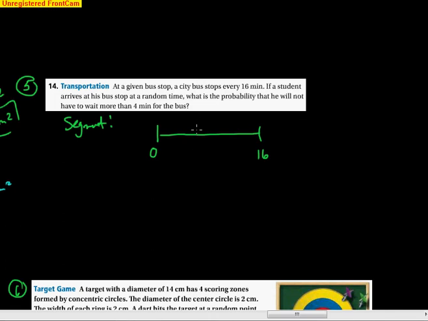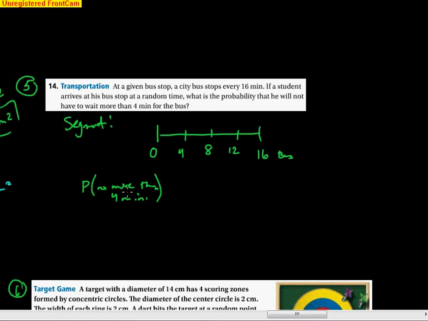So I need 3 markings. 4, 8, 12. So if a bus comes here at 16, if I want to find the probability of not having to wait more than 4 minutes. No more than 4 minutes.